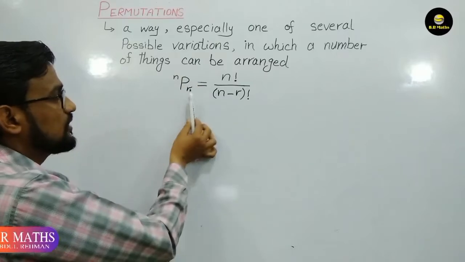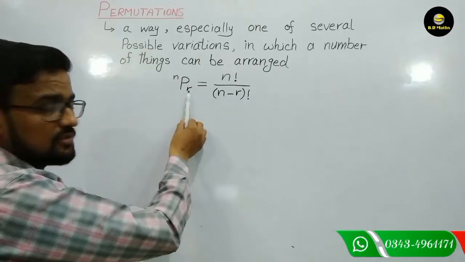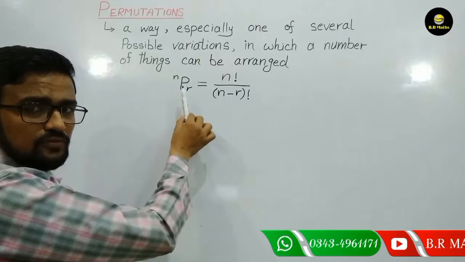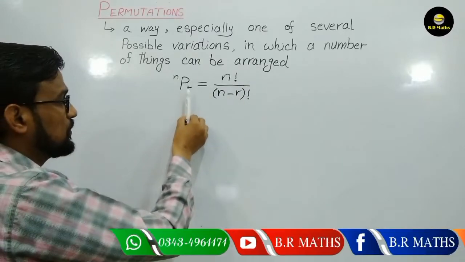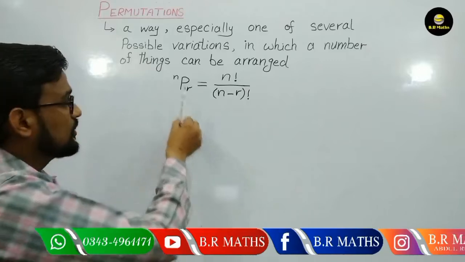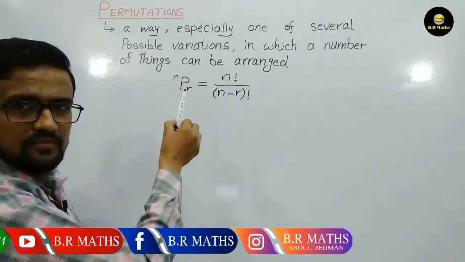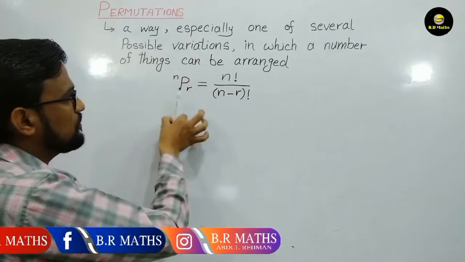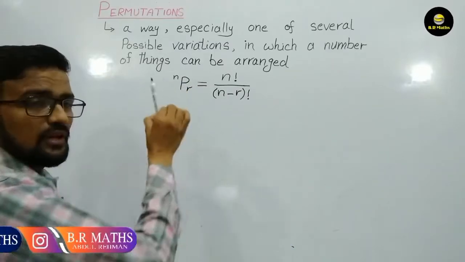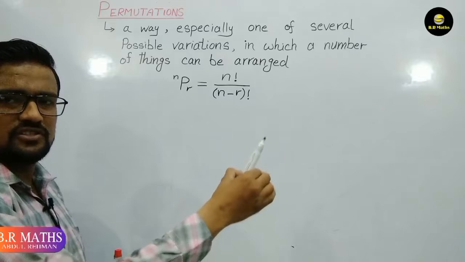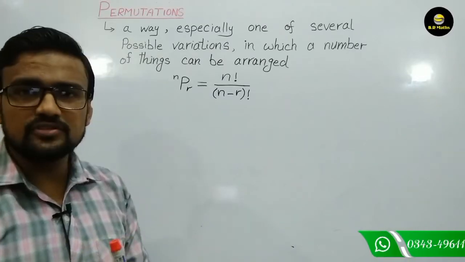The permutation means the arrangement of r students out of the total number of students n. So this is the purpose of permutation: arrangement of anything, students, pictures, or any other points.